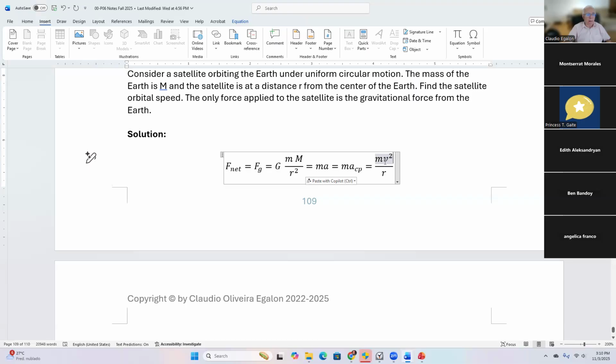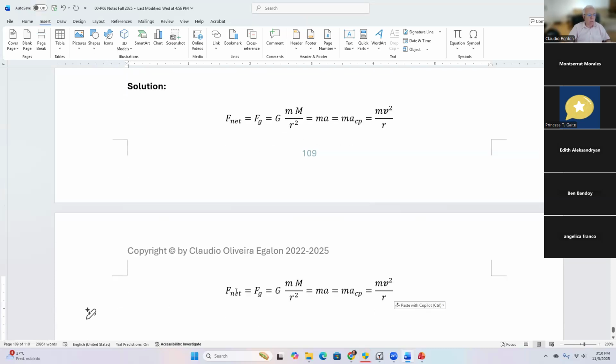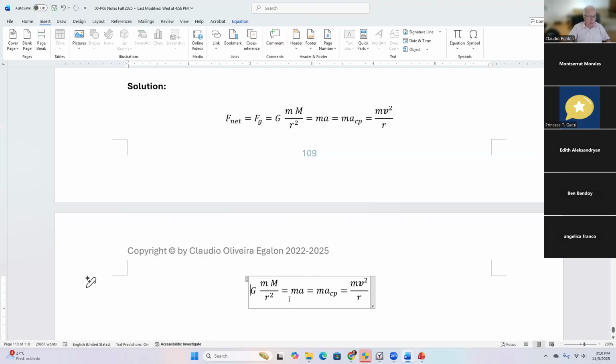I'm gonna emphasize here, boldface it, and write my equation the way it's supposed to be written. This term here is equal to this term here, right?